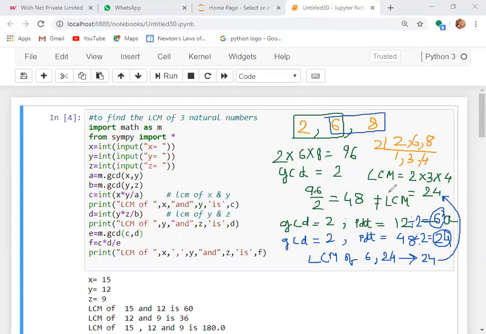So this is actually the basic logic behind the way to find the LCM of three numbers. There may be other logic also. According to this logic, I am trying to write the code to find the LCM of three natural numbers. That natural number may be of any value.